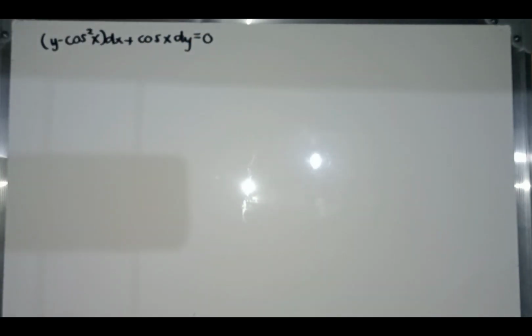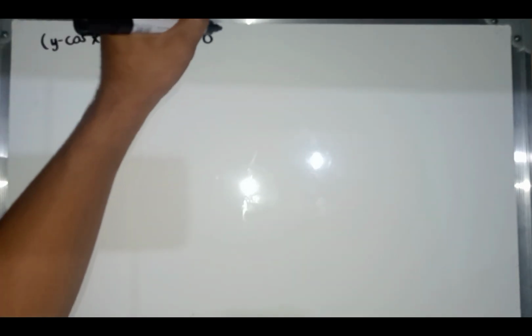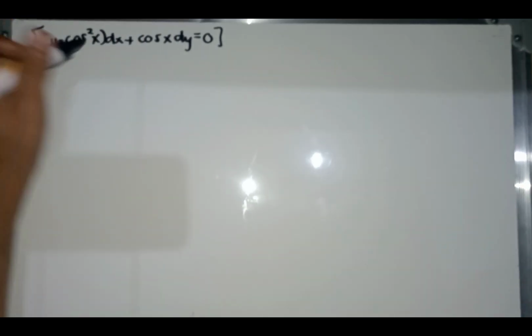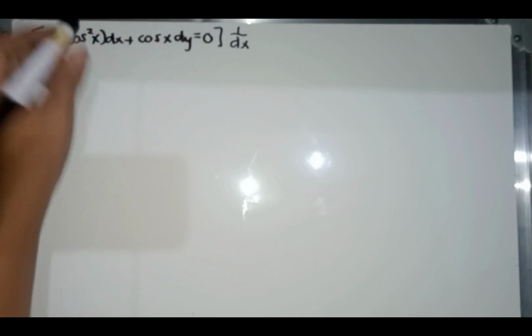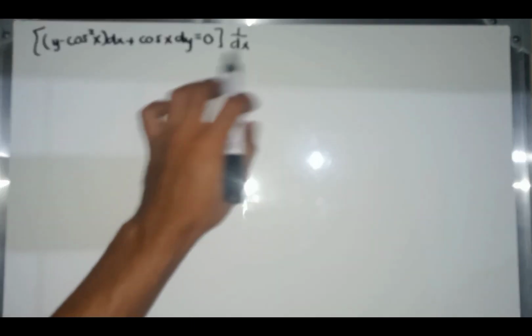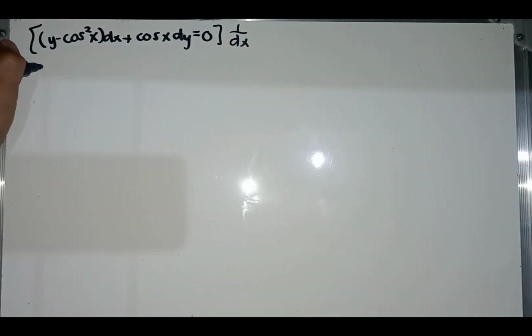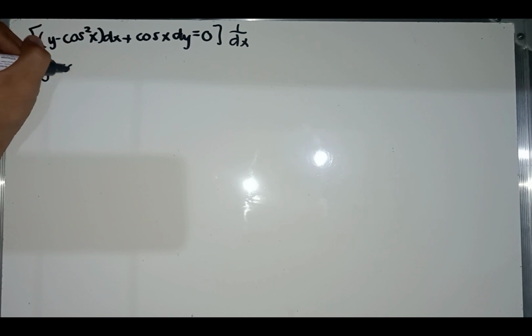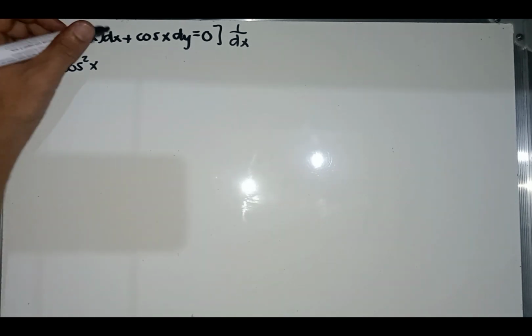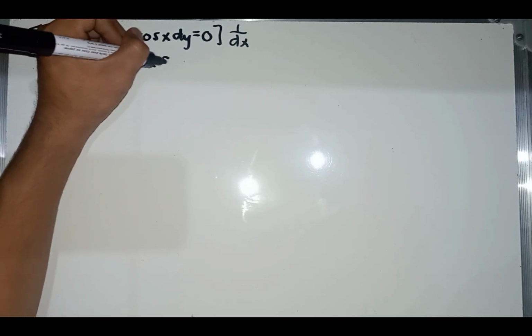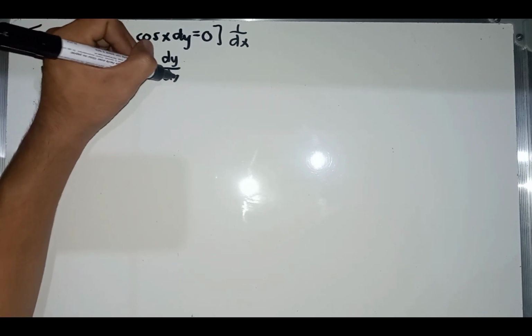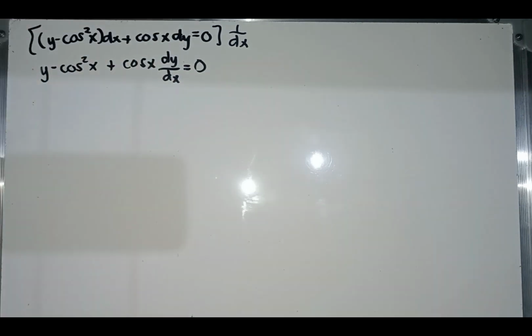In order to get the dy/dx term, we're going to divide each term by dx. This cancels the dx there, so we are only left with y minus cosine squared of x plus cosine of x dy over dx is equal to 0.